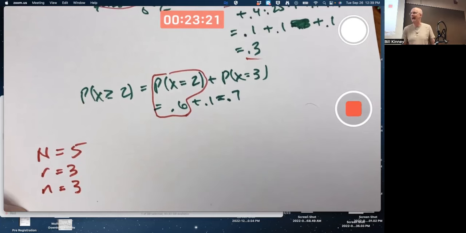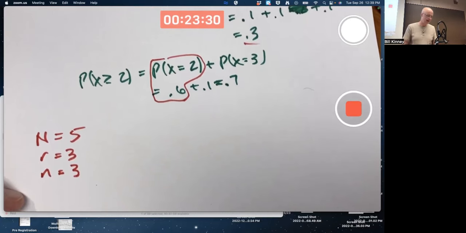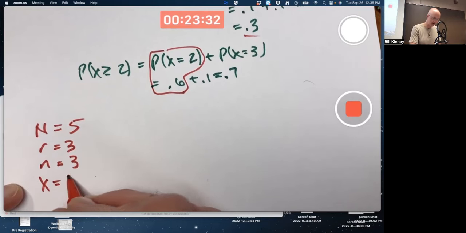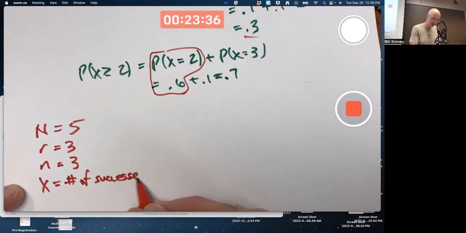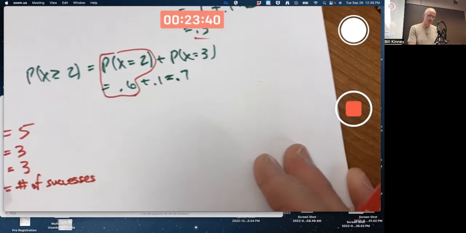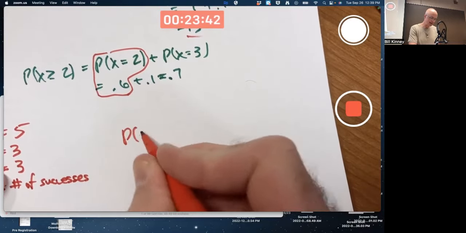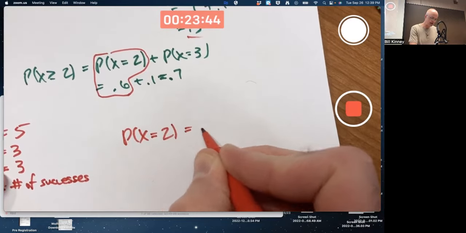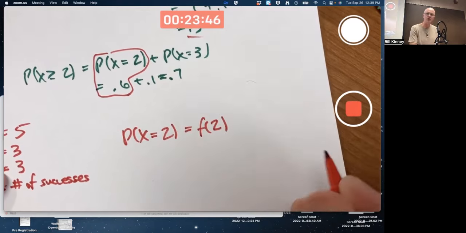Little r and little n happen to be the same thing, but they didn't have to be. I could have selected a sample of size 2, for example, 2 M&Ms instead of 3. And x is the number of successes. For us, that's red M&Ms. What is the probability that capital X equals 2? That should be the value of the PMF at 2.